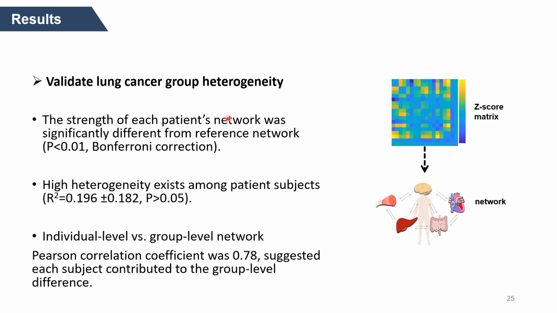Second, we need to validate the heterogeneity of the patient group. In this case, it is the lung cancer group. We found that the strains of each of these cancer patients' networks were significantly different from the healthy reference network. On the other hand, there exists high heterogeneity among these patient subjects' networks, with a quite low similarity of 0.196.